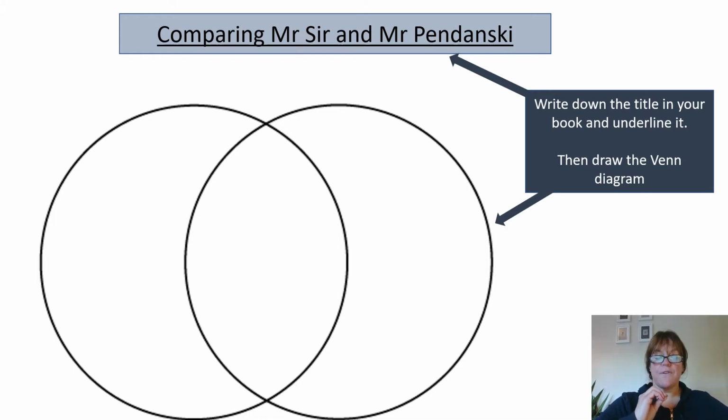In the previous lessons we've really gone into detail and looked at each character quite thoroughly, haven't we? So we know that Mr. Sir is totally different to Mr. Pendanski, but we're going to do a little bit of writing about both characters.